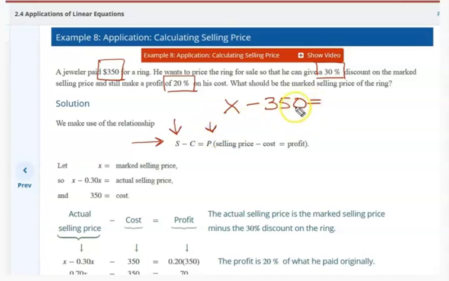Now, the profit we know is going to be 20% of his original cost, which was $350.